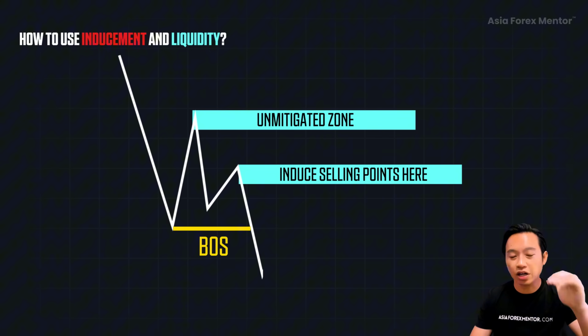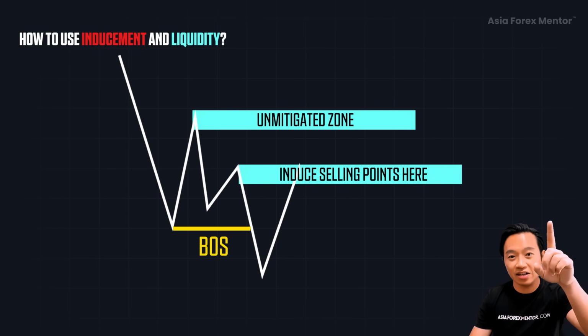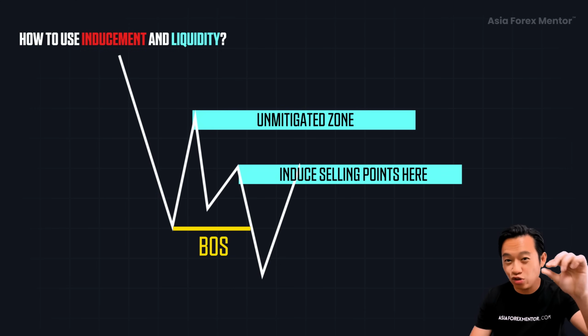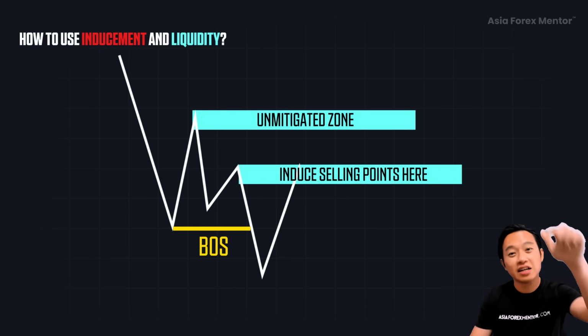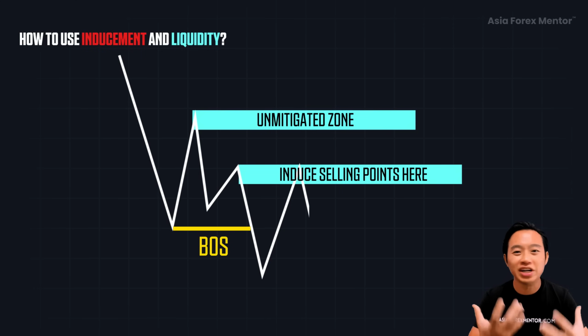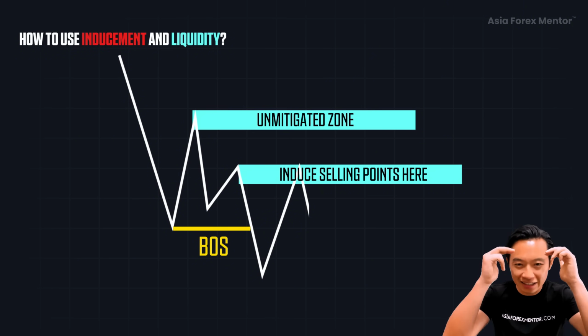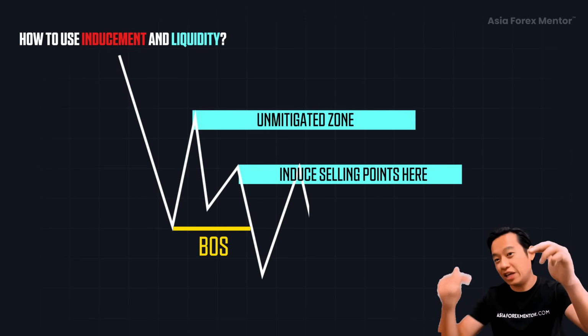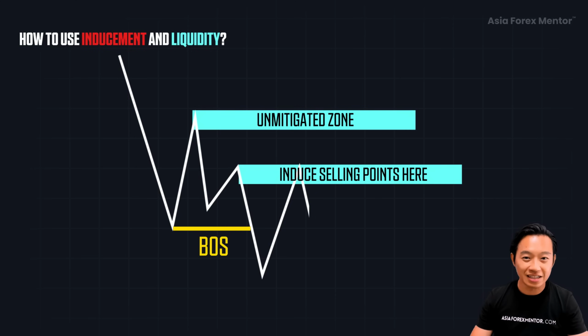All right, so now take a look. Here's what happened. Price now, after breaking the structure, rises, right? Touches that inducement zone, and we see a little rejection. So this would get traders excited, right? And thinking, okay, the price is about to move in their direction itself.